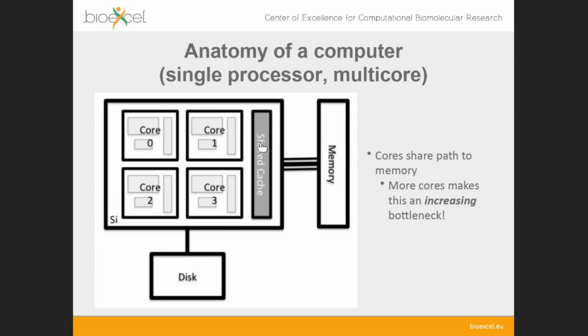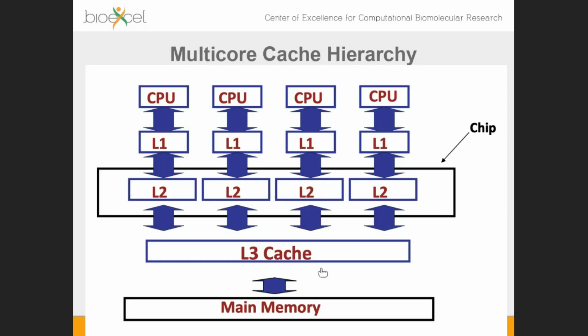So they have a little bit of memory that's unique to them, but they also have some shared memory. That's both good and bad. Good because they can access each other's memory, which can be quite efficient, but also they're accessing the same memory, so there can be contention for that, which I'll explain in a minute.